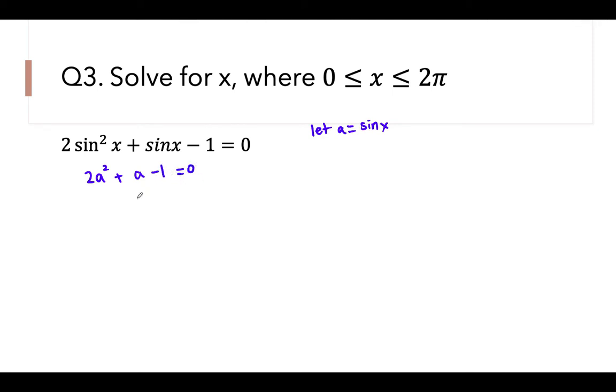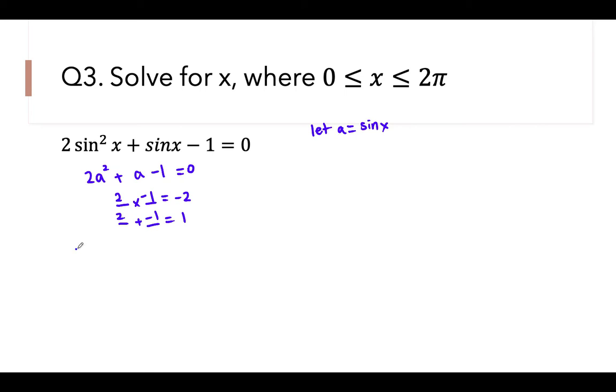And then you could do product and sum. So something times something equals -2, and something plus something equals 1. So it will be 2 and 1, and it's going to be -1. So 2, -1.